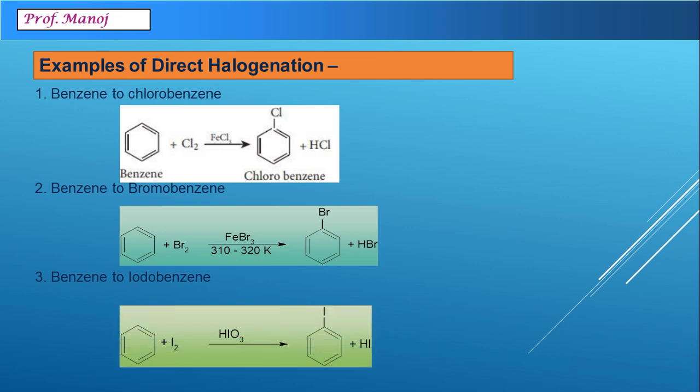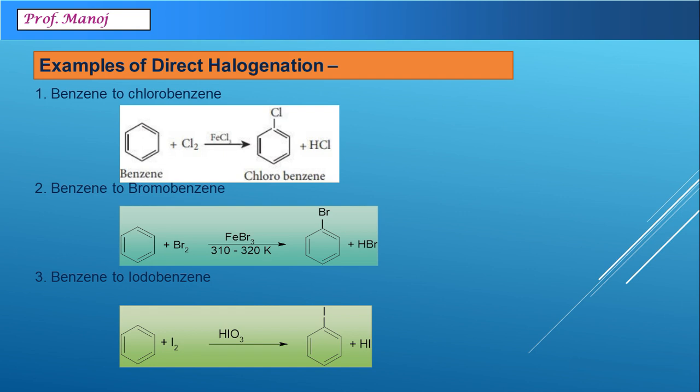If a similar reaction is to be extended for iodobenzene preparation, things are slightly different. Since the byproduct HI is going to make the reaction reversible, we need to use on the arrow either HIO3 or HNO3 or HgO as the catalyst. Since this reaction is a redox reaction, these oxidizing agents are used.